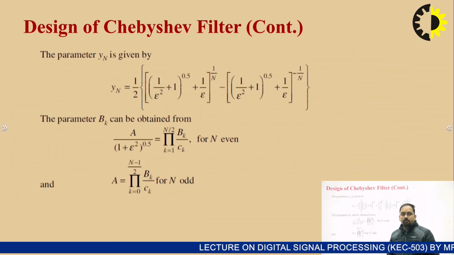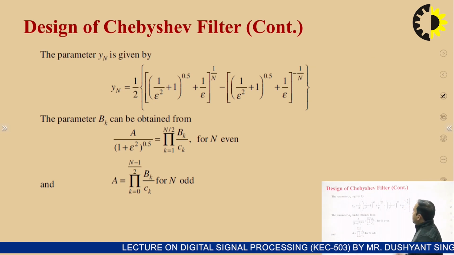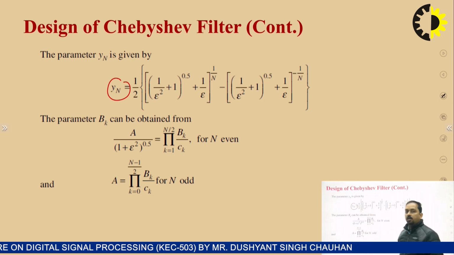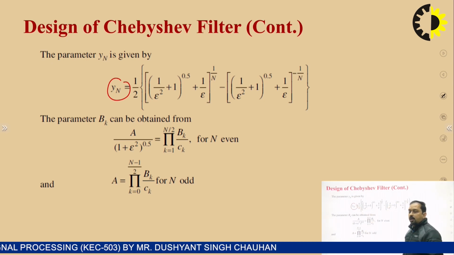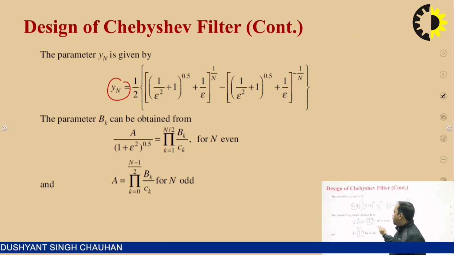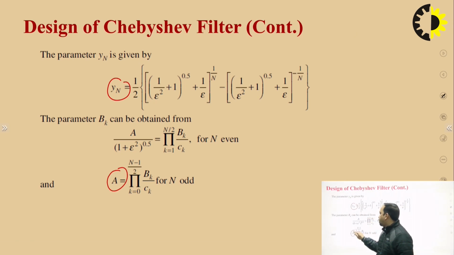Now this yn again depends upon this epsilon factor, and the parameter bk can also be obtained from this equation, or we can say a can be obtained with the help of bk. So we have k equals 0 to n minus 1 by 2, so we can utilize both the formulas when n is even or n is odd.